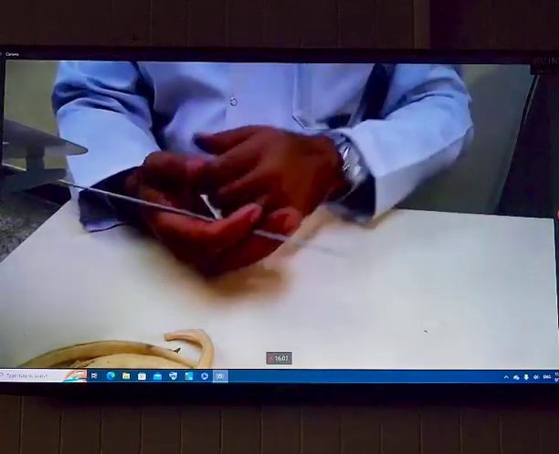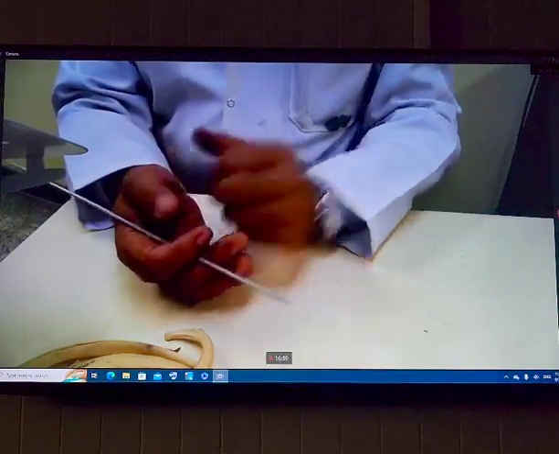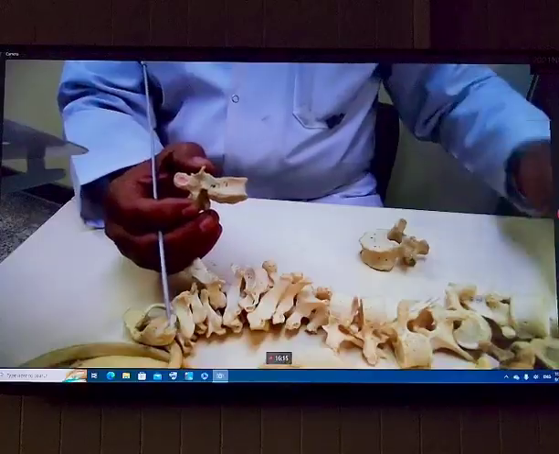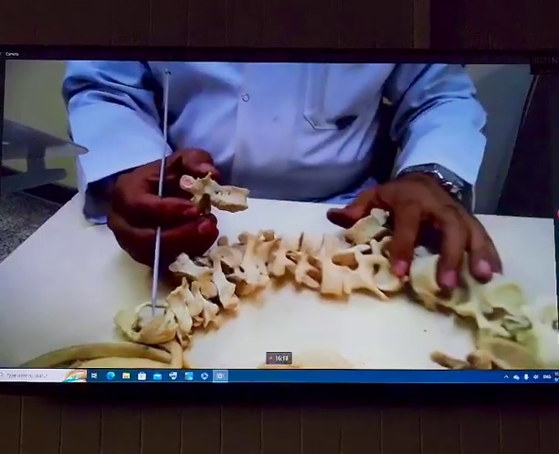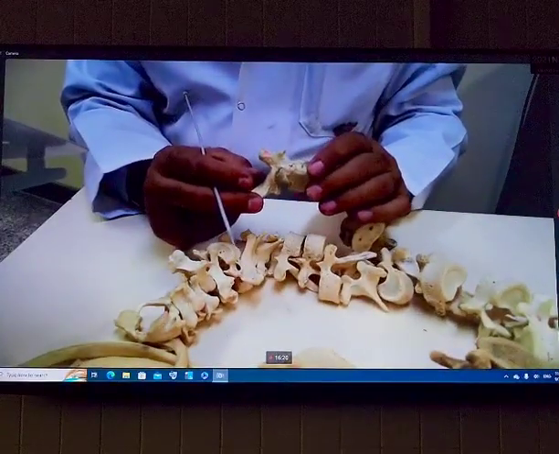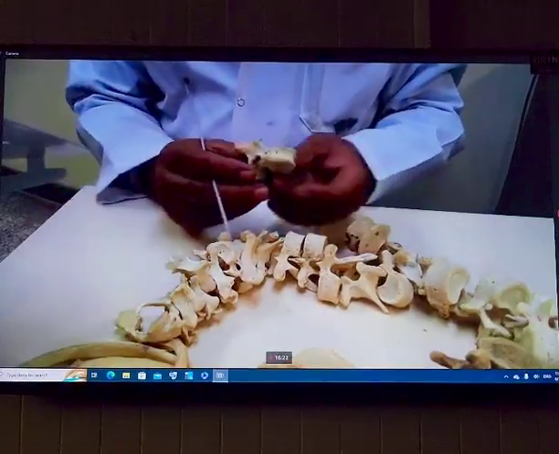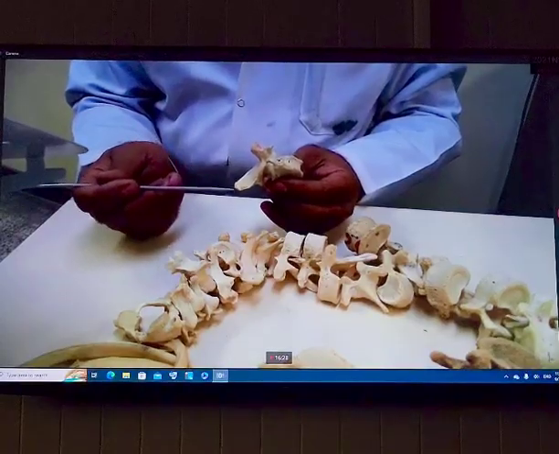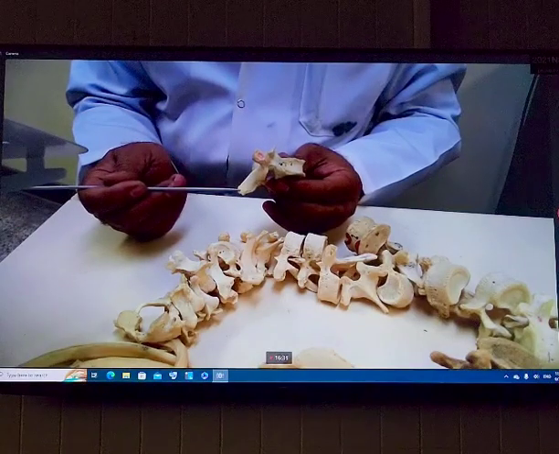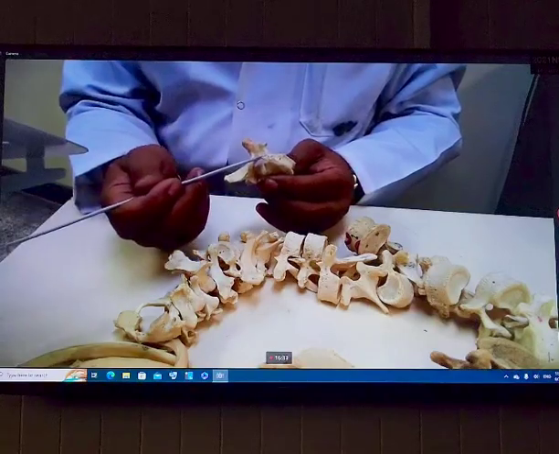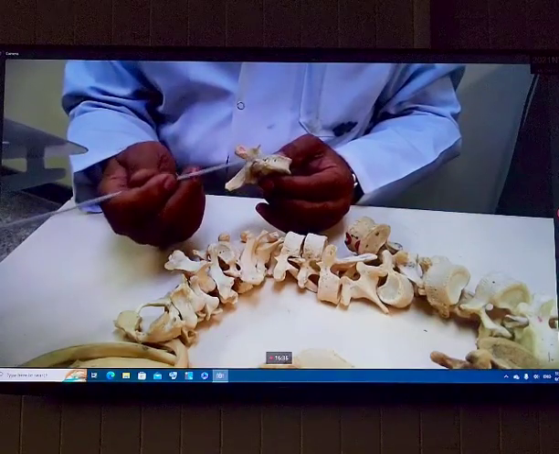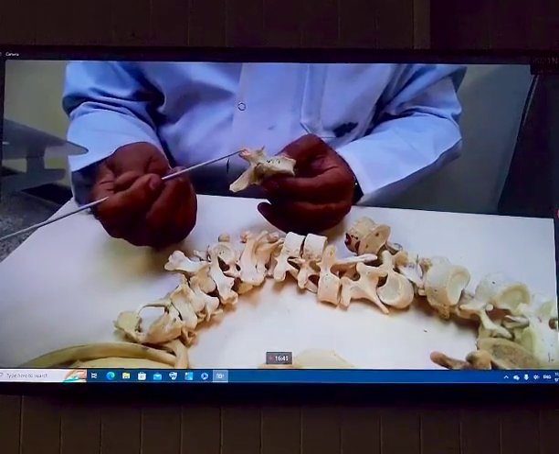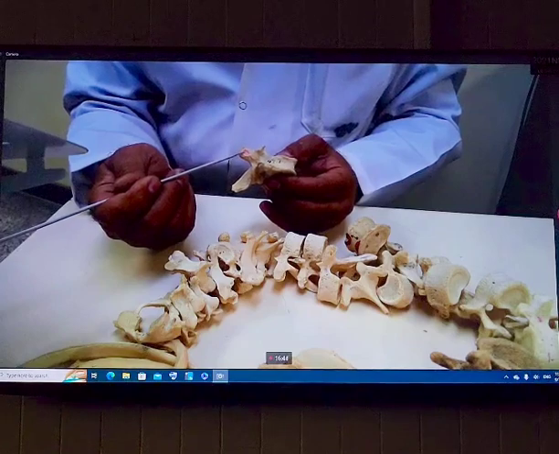What is left is the vertebra. Again, the vertebrae could be classified as typical and atypical. This is a typical thoracic vertebra because the spine is pointed and is directed downward. The body shows upper and lower demifacets, and you have a facet on the transverse process.